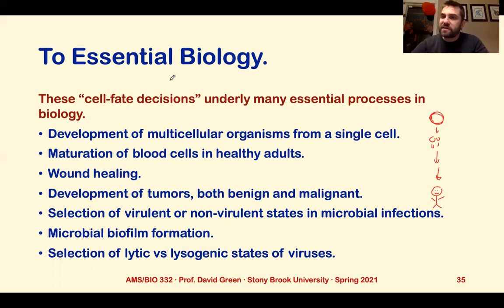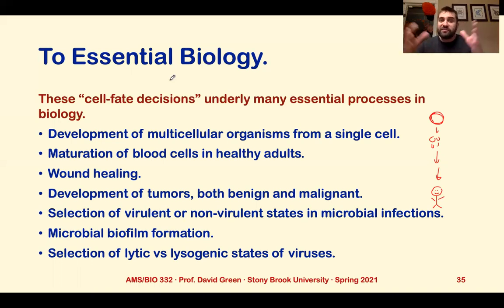In some cases, decisions even to undergo what is known as apoptosis, or programmed cell death. In multicellular organisms, for the sake of the organism, sometimes the correct decision, the necessary decision for an individual cell is that it no longer needs to really exist as a cell.